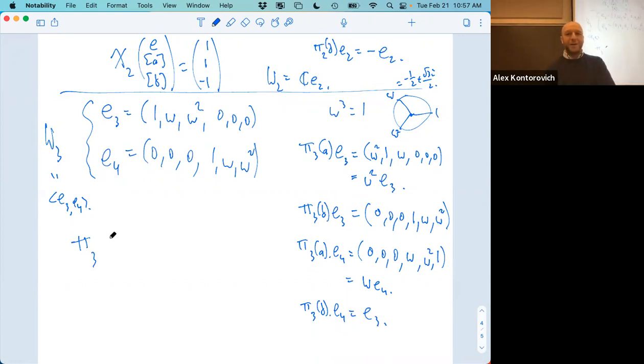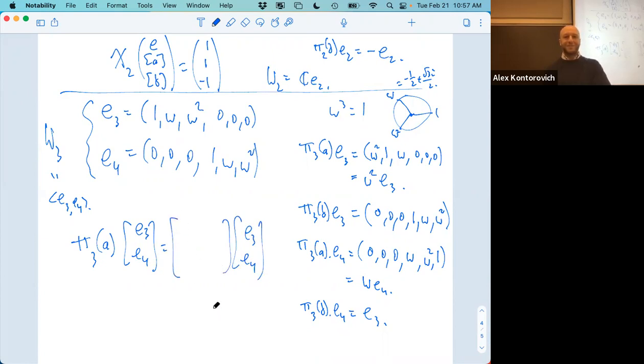So now we can write pi 3 in the basis. What does pi 3 of A do to the pair E3, E4? It sends it to E3, E4 multiplied by the matrix. E3 just goes to omega squared times E3, and no E4s. What does pi A do to E4? It maps it to omega times E4, and no E3s.